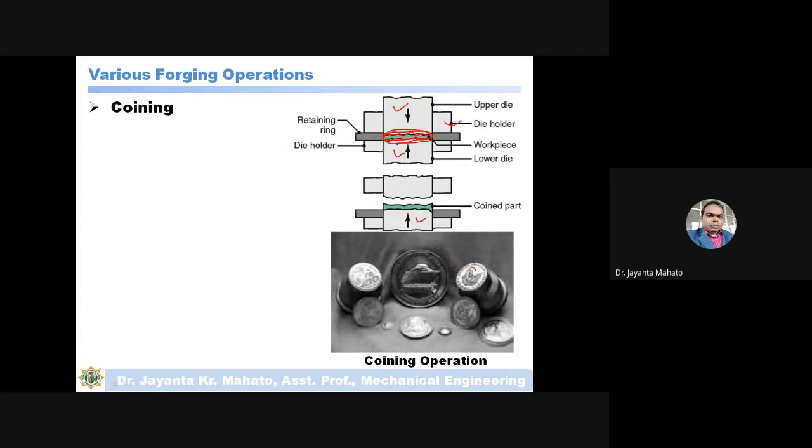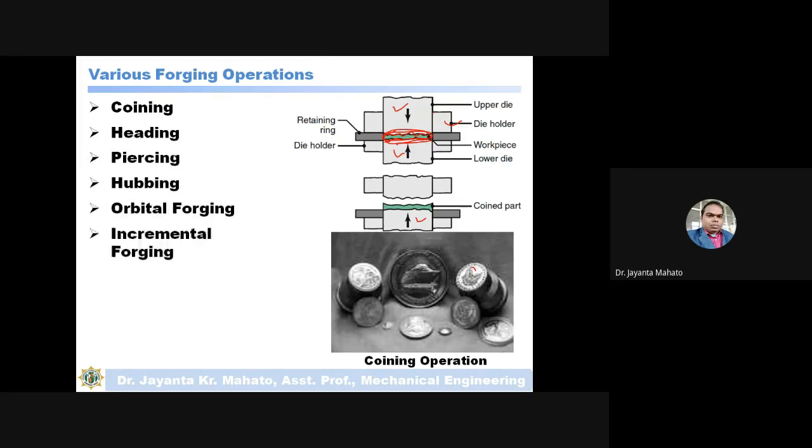So both sides get the desired impression. This is the coining operation, which is simply a forging operation. Then heading, piercing, hubbing, orbital forging, incremental forging, isothermal forging, rotary swaging, and tube swaging. So these are various forging operations.